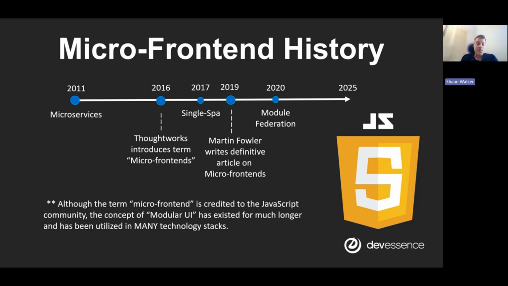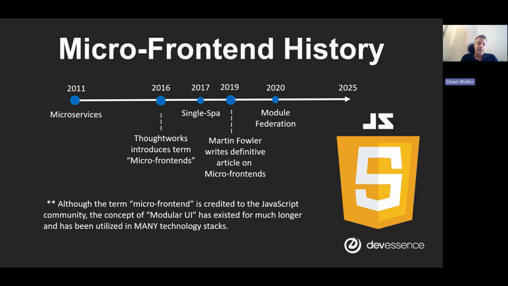In 2016, ThoughtWorks, which is obviously a very well-known software development company, introduced the term micro-frontends, and this was part of one of their annual reports when they were talking about new technologies that were emerging. In 2017, a JavaScript-based solution came along, called Single SPA.